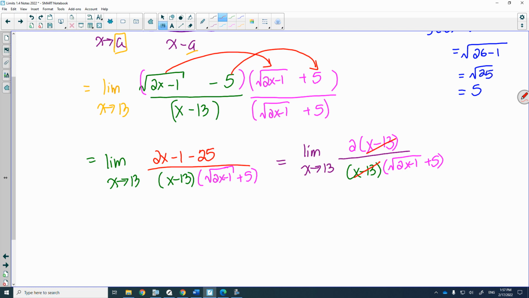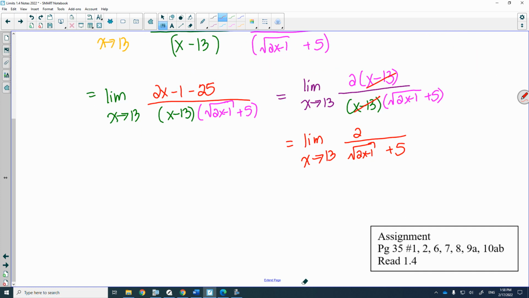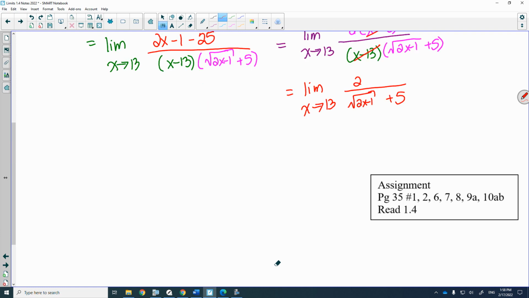And what I am now left with is the limit as x approaches 13 of 2 over the square root of 2x minus 1 plus 5. I'm ready to substitute in, so I could drop writing limit, and I could just simply substitute in at this point.